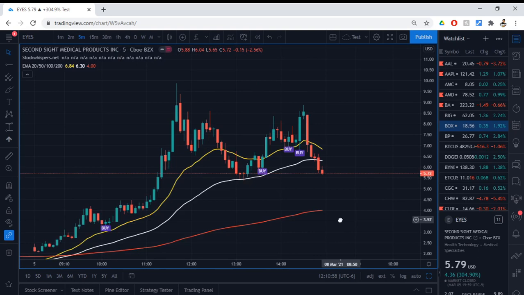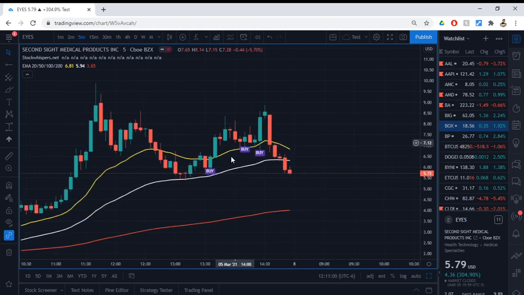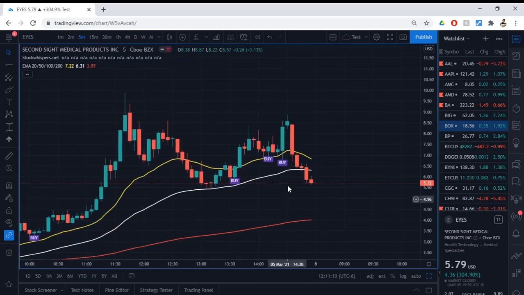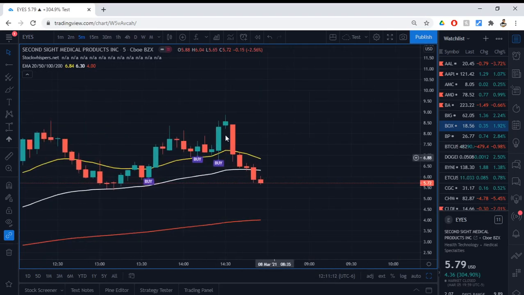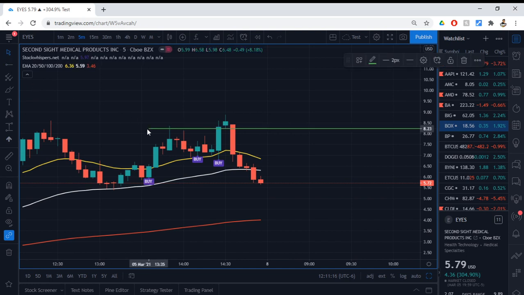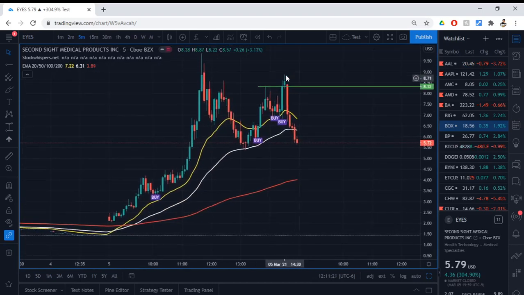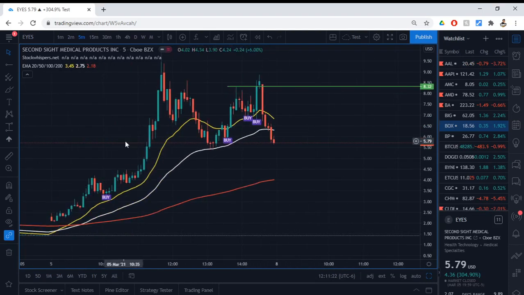Also, another thing is when you're trading the conservative entry, because it takes longer to get you into the trade, you may get some situations like this one where you're getting into the trade at the end of the upward movement, right? So you watch this one, you don't take it.